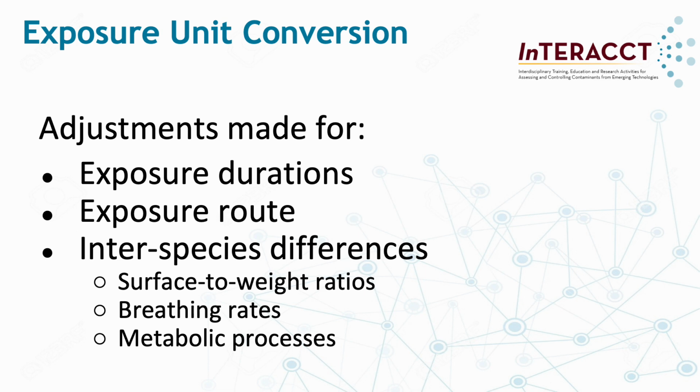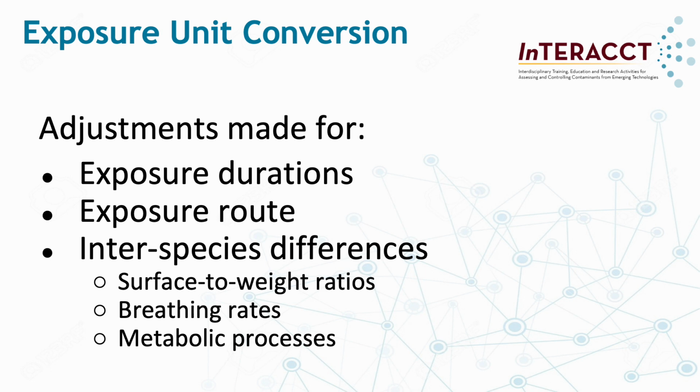This can occur when the daily inhalation exposure in the experiment was of 2-hour duration instead of the 8-hour duration of a workday. The exposure route may also be a factor, where we are required to convert the ingested or injected chemical mass into an equivalent cumulative exposure through the inhalation route.